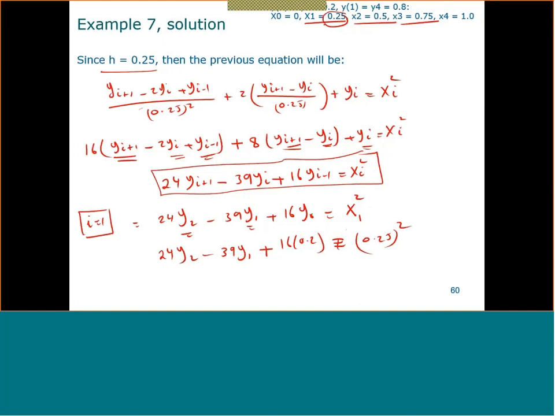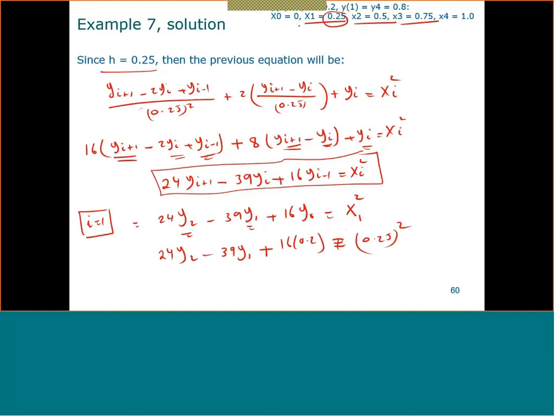This will ask the question, what is x1? We know the value of the interval. We are going from 0 to 0.25, 0.5, 0.75, and 1. We only know the function y at 0 and at 1. We don't know y at 0.25, 0.5, and 0.75. So x1 is 0.25, x2 is 0.5, and x3 is 0.75.